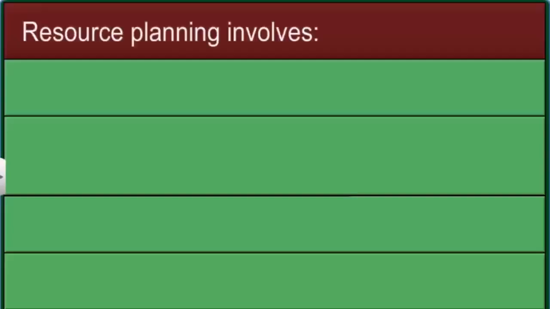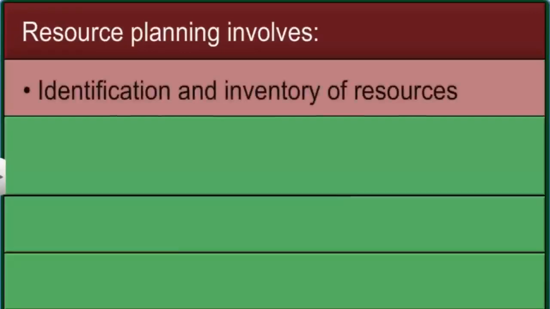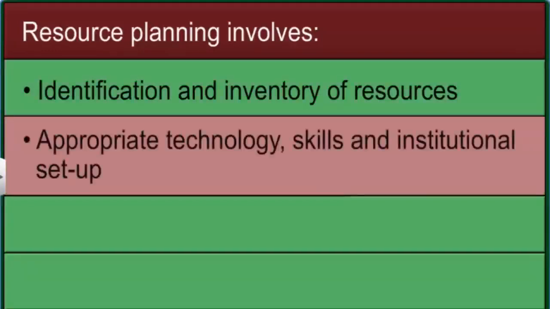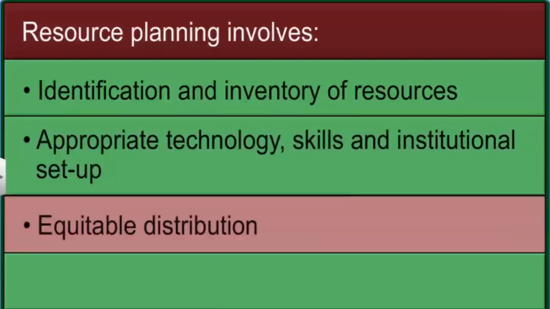This is where resource planning comes in. It involves the identification and inventory of resources, planning with the appropriate technology, skilled human resources, setting up of suitable institutions for the implementation of resource development plans, and equitable distribution of available resources for sustained economic development.